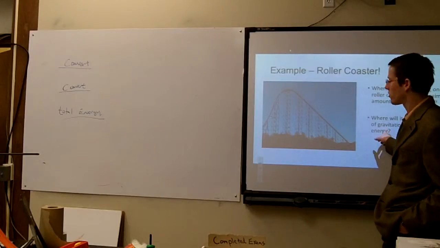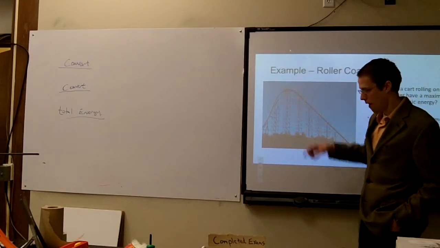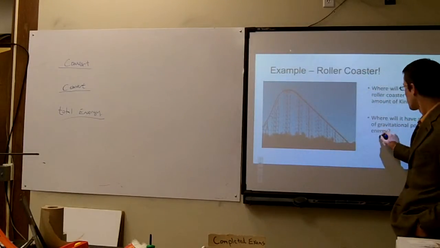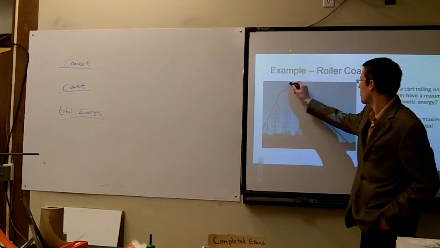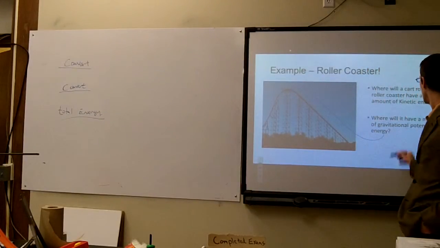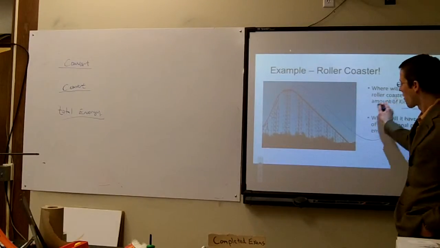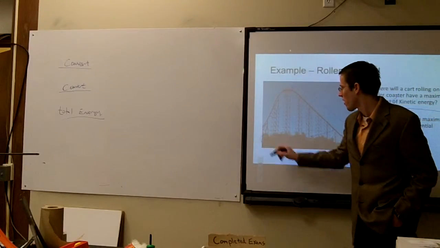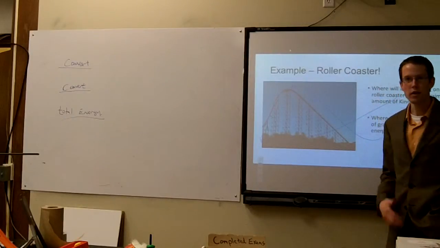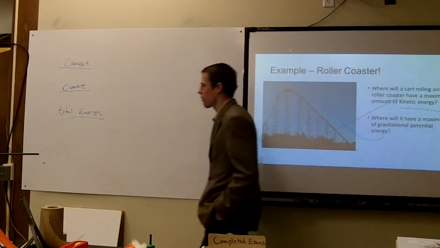At the top. To make this easier on yourself, put a little arrow up there. Where will it have the maximum kinetic? The bottom of the track. It's just a conversion between the two.